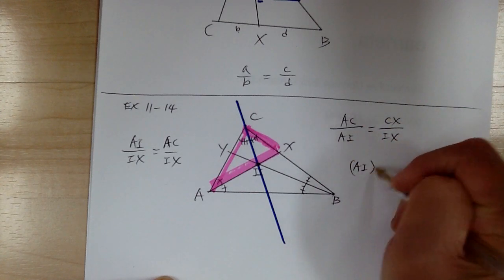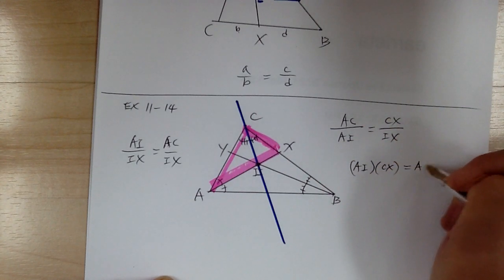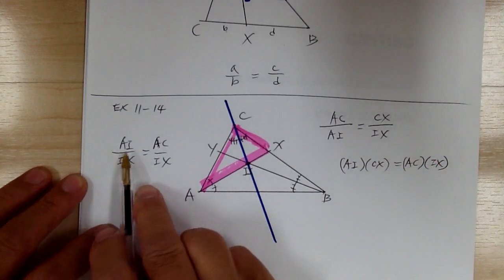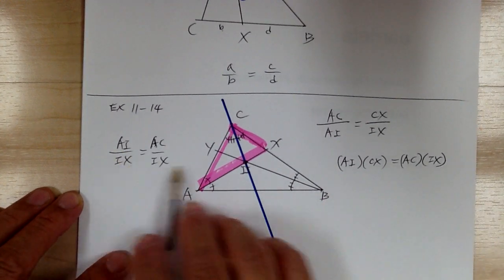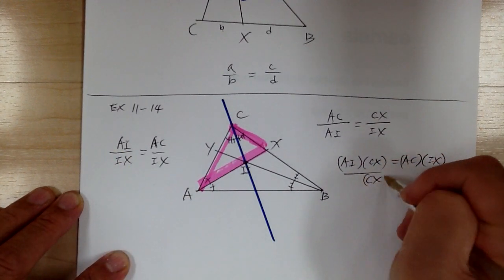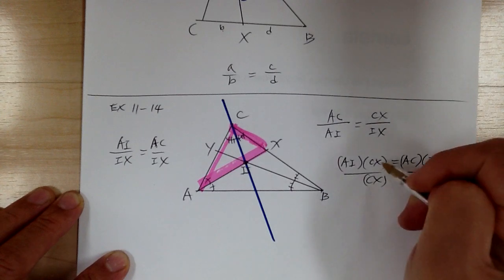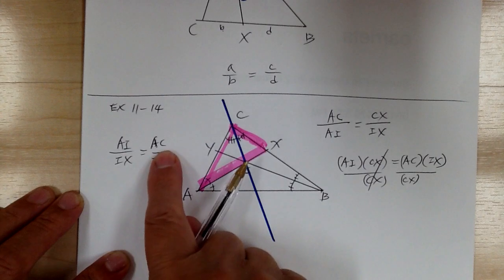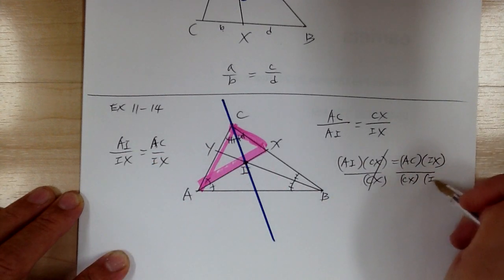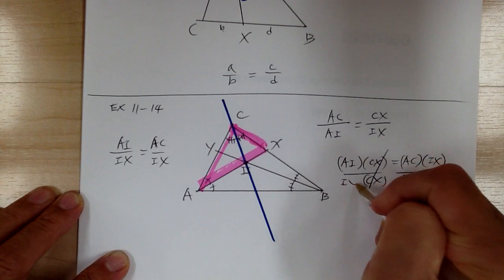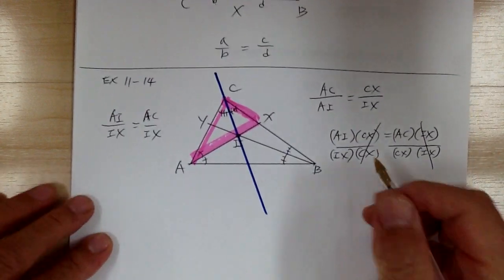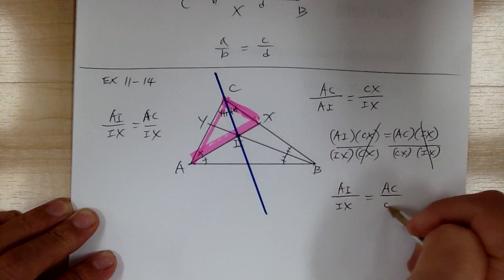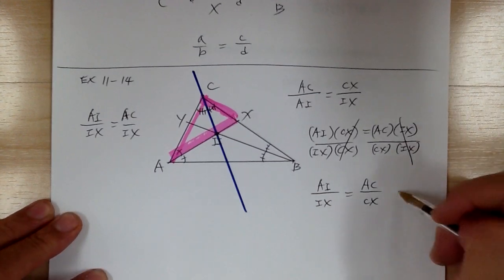So you got AI times CX equal to AC times IX. And then since I need to keep the AI, I need to divide by CX, so that this will cancel out. And I need to keep the AC, so I need to divide by IX, so that it will cancel out. And so I have AI over IX equal to AC over CX. Okay, and that's it.